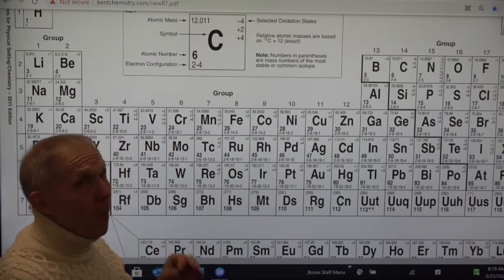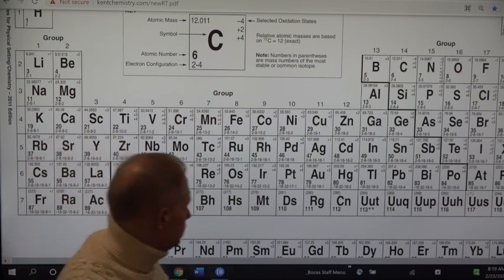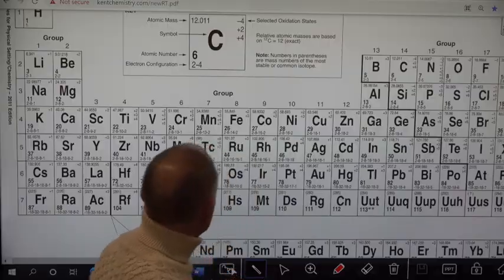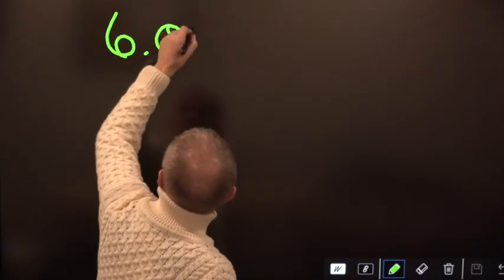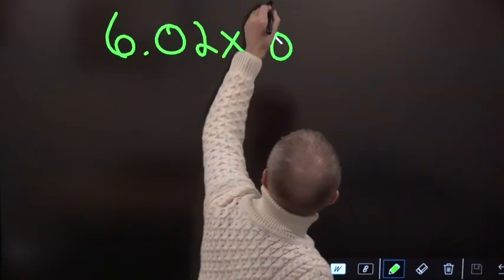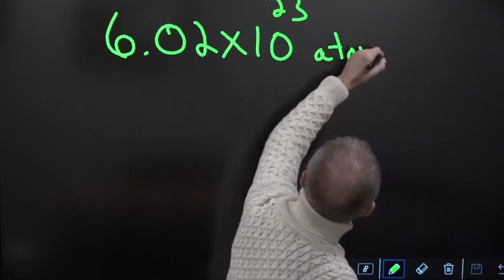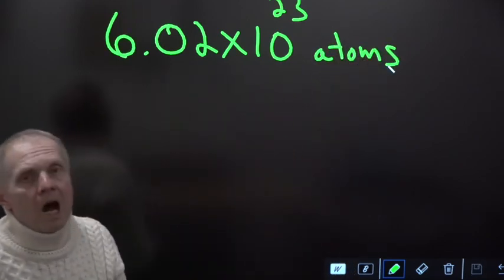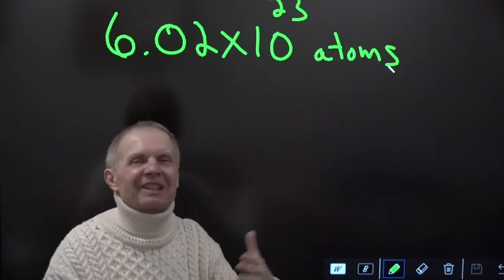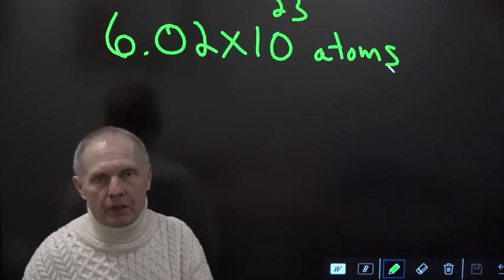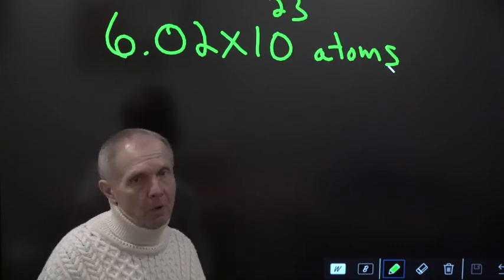So, what's the big deal about Avogadro's number? It's a crazy number. Avogadro's number is 6.02 times 10 to the 23rd, and it's atoms or molecules or compounds or ions or electrons, something incredibly small.